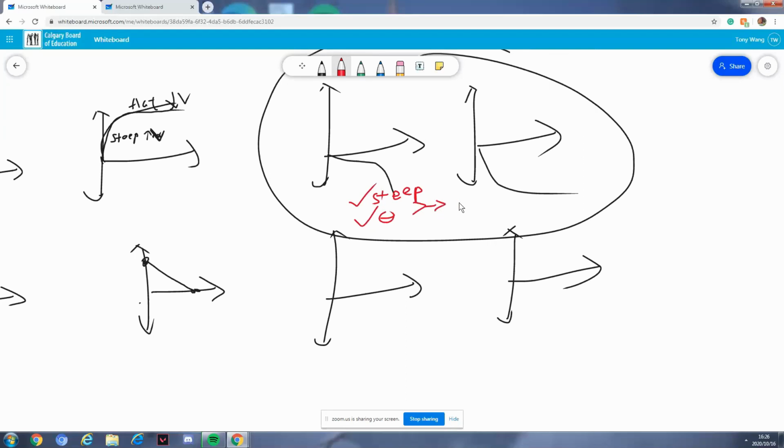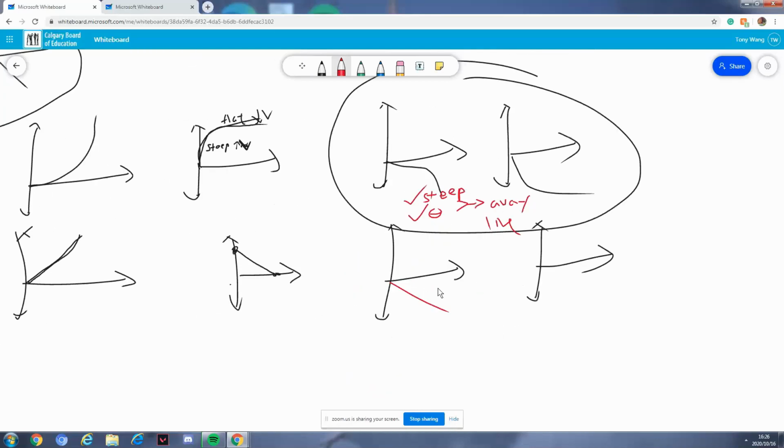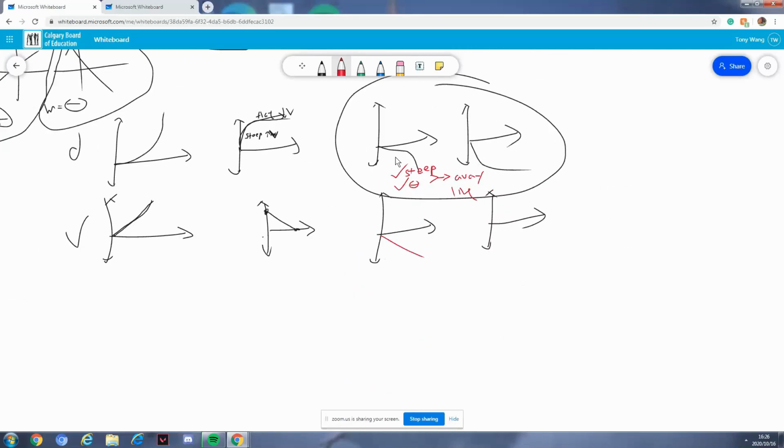This means it moves away, and it is a line, so it would move like this. It's in the negative direction, so it moves with negative speed. The speeds would be more and more negative because there's more and more speed. Negative doesn't mean getting smaller. Negative just means different direction.